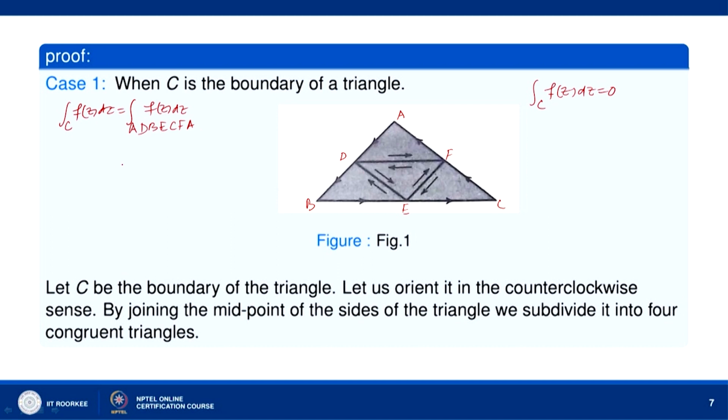Now, I can write it as the integral over A D F A, plus the integral over D B E D, plus the integral over E C F E, plus the integral over E D F E.